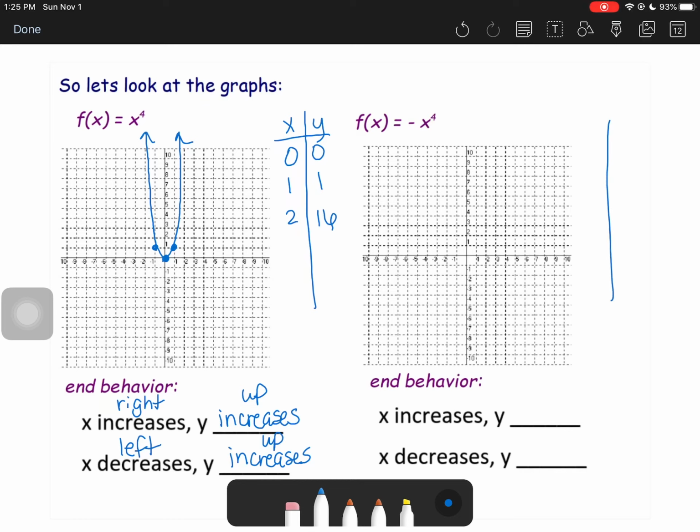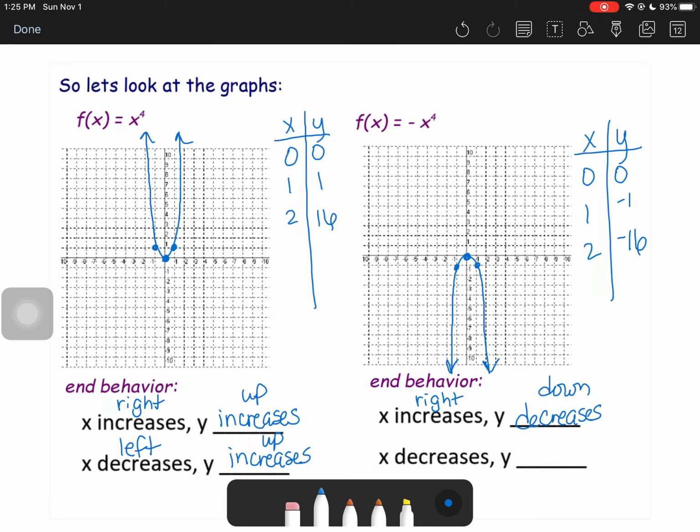If we were to do that same function, but do the negative of it, we would have the exact same thing, but flipped upside down. And again, if there were other values in that polynomial that's to the 4th power, there might be a lot more bumps and curves in it, but it's still going to be the general shape. As x increases, we're going to the right, but the y decreases, it's going down.